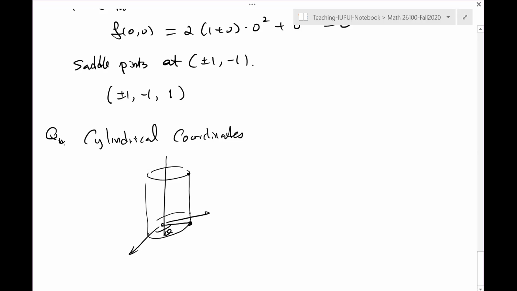So this radius is r, right? Then here's a point x, y, z. So x can be written as r cosine theta, y equals r sine theta. Z is still z, so that's the so-called cylindrical coordinates.